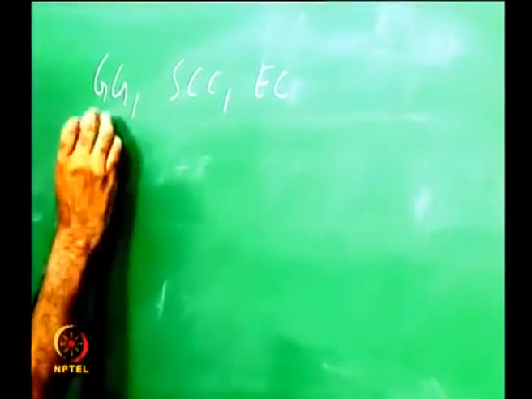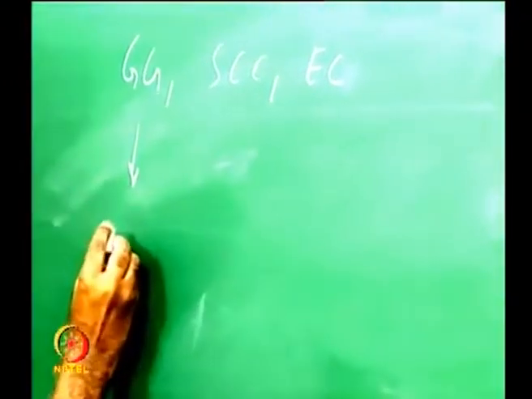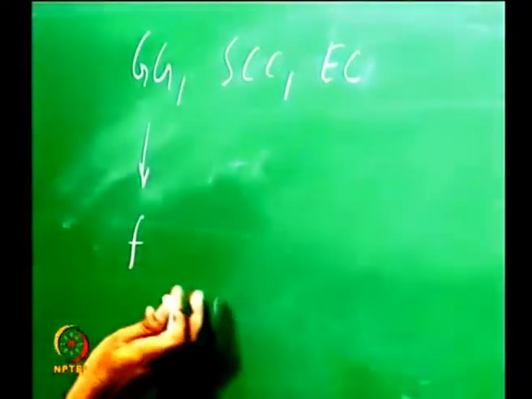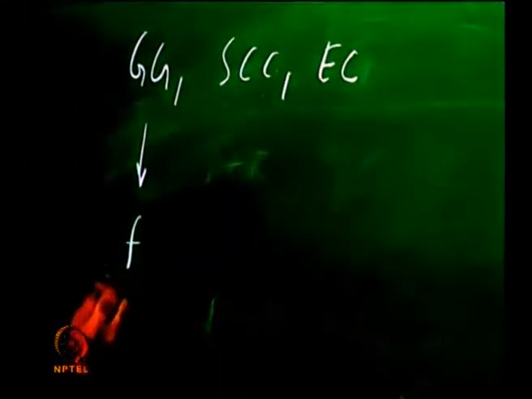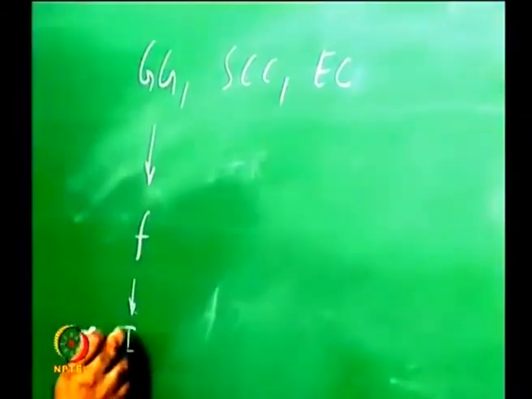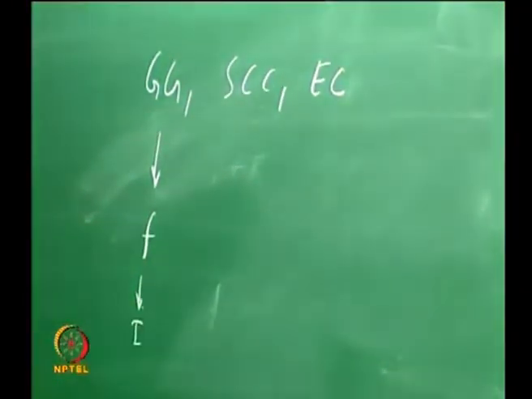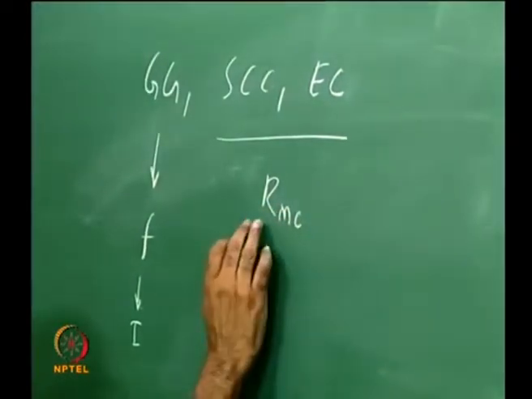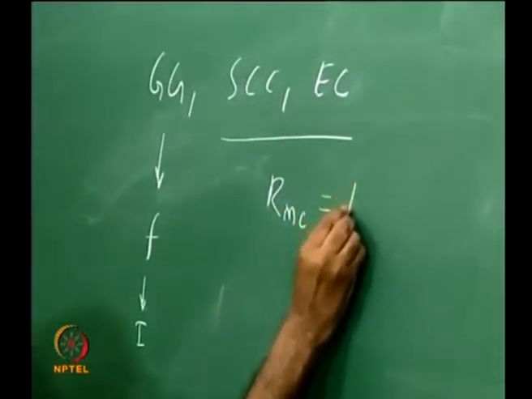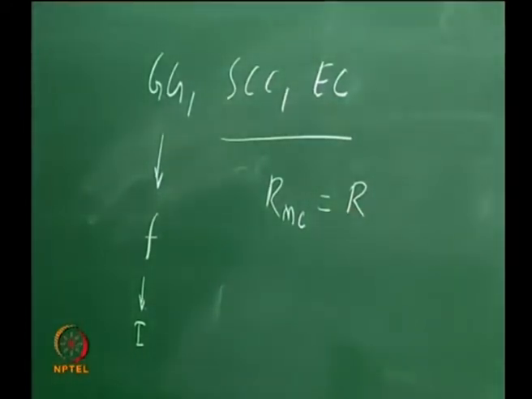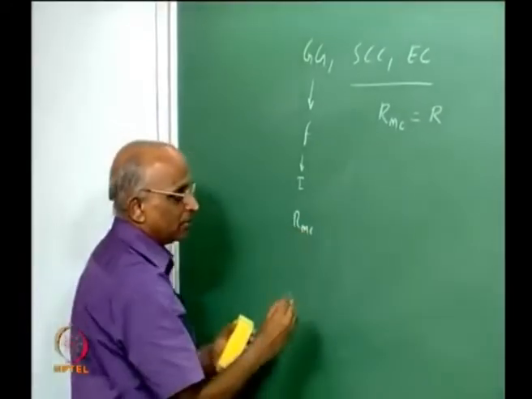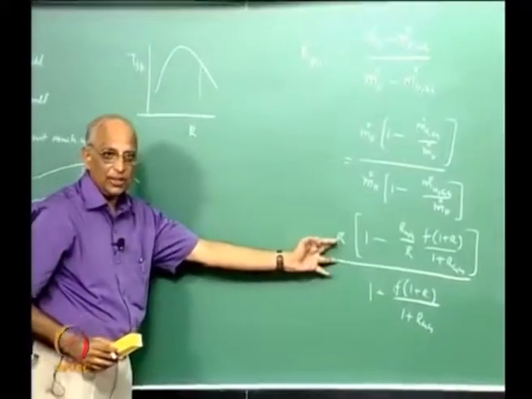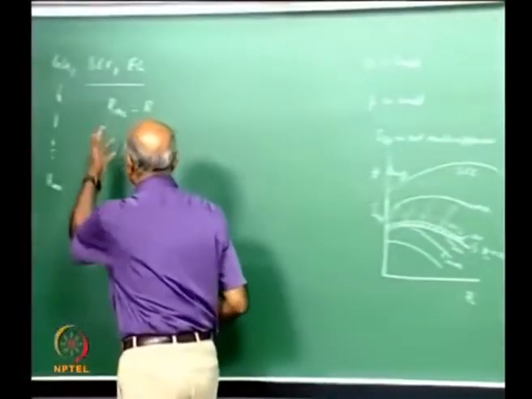We find GG suffers at high chamber pressures because a fraction of the propellant is used to drive the turbine, and what is driven out is at a low value of expansion through an auxiliary nozzle, whereas in this case the mixture ratio in the main chamber is the same as the overall mixture ratio. In this case RMC is related to the overall mixture ratio through this expression in your GG cycle, whereas in your other cycle it is the same.